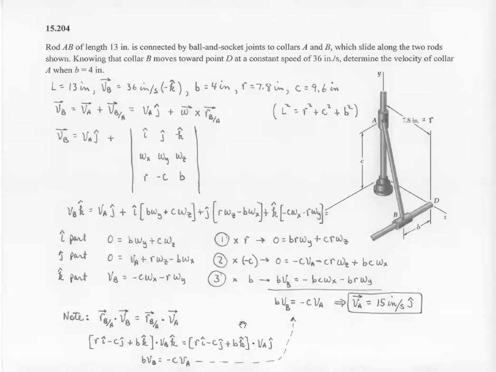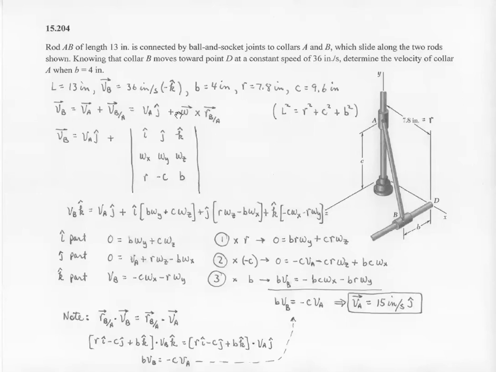A rather unique way of looking at this problem is to look at this particular expression right here and note that if you dotted R sub B/A, which you know, into both sides of this expression, then you would have R sub B/A dotted into V sub B equal to R sub B/A dotted into V sub A, and R sub B/A dotted into the omega cross term is going to be 0, because omega crossed into R sub B/A gives you a vector that is perpendicular to both omega and R sub B/A.